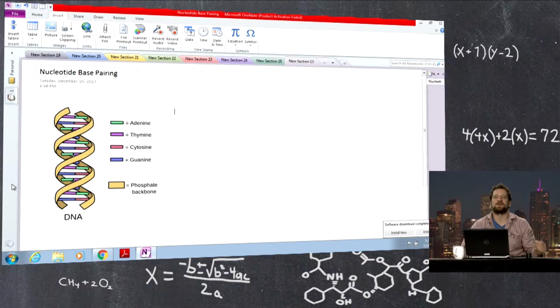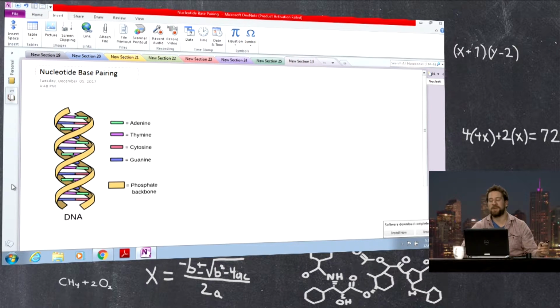So this is just a simplified diagram of DNA. We know that DNA is a double helix, so it's two molecule strands wrapped around each other. And it kind of looks like a ladder, and the rungs of the ladder are made of what are called nucleotide bases, and each rung is actually two bases paired together.